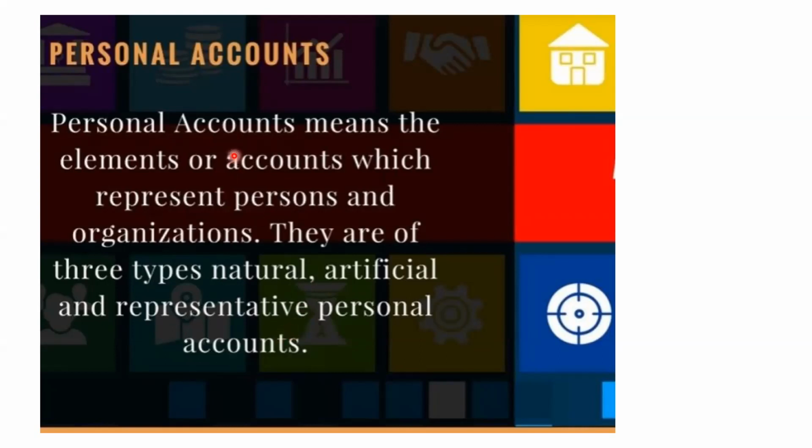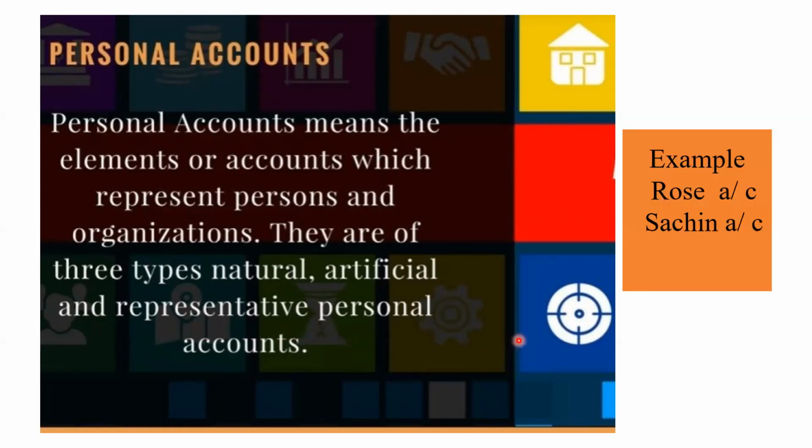So what is a personal account? It is an account which will be in the name of a person or an organization. There are three types: natural, artificial, and representative. So remember that. Next we will see examples.